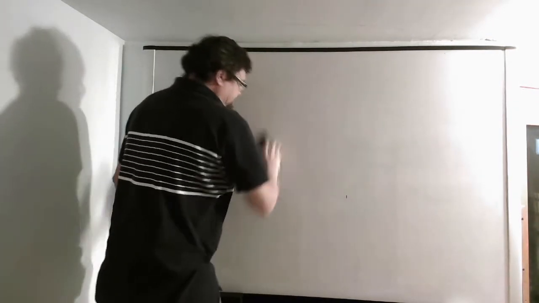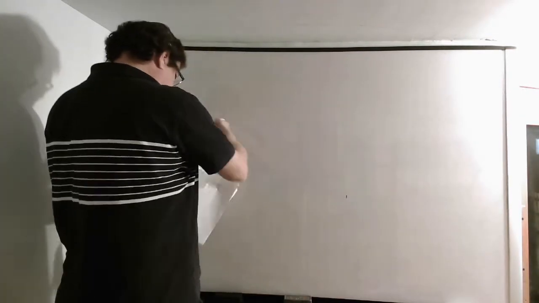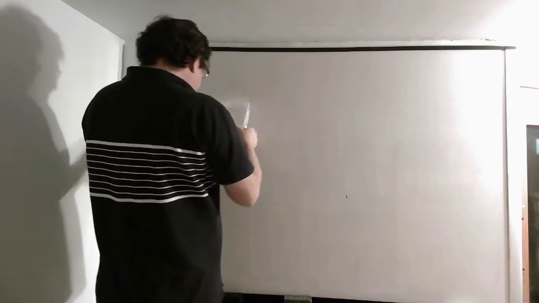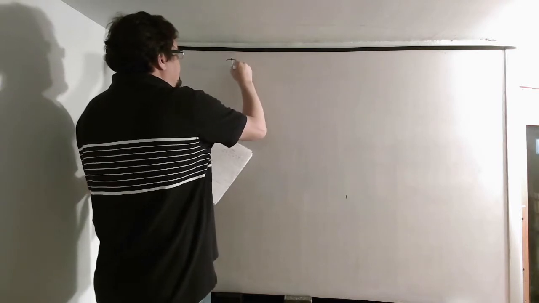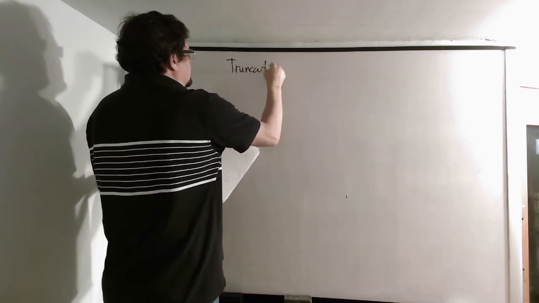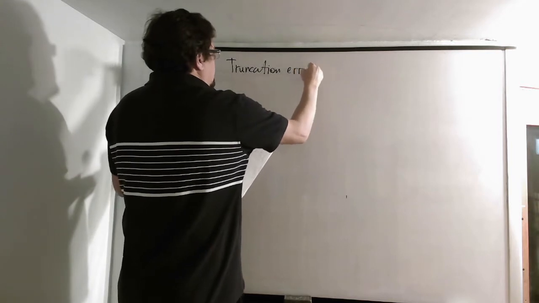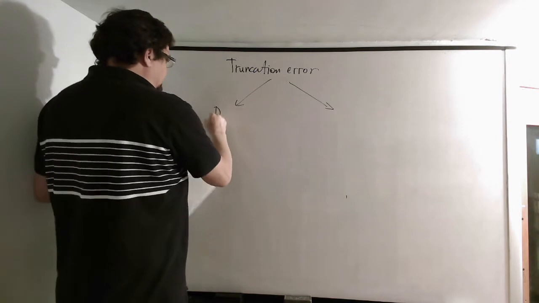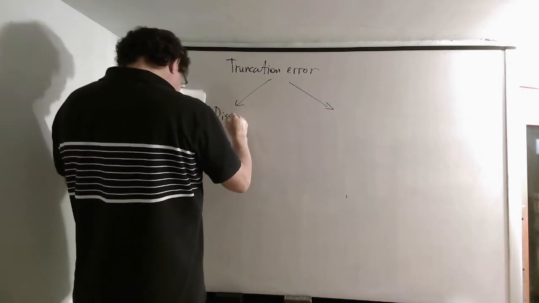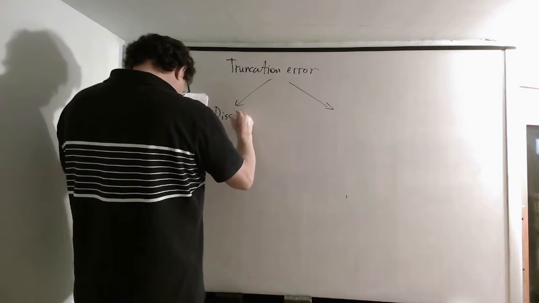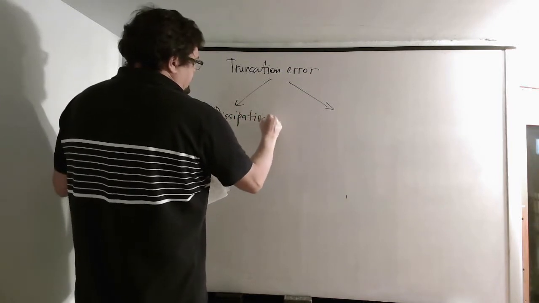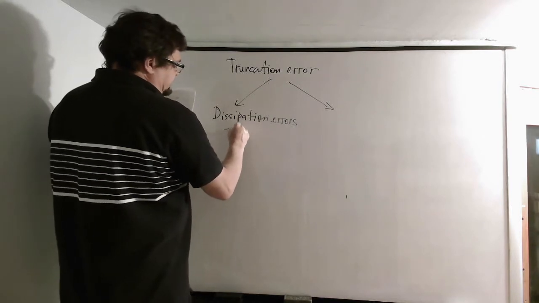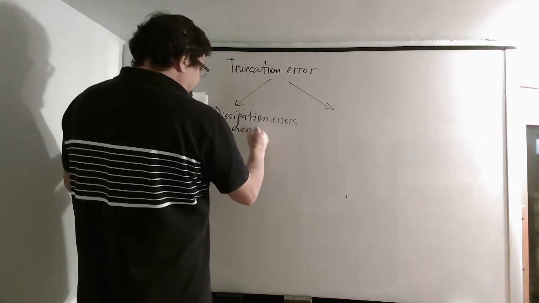Let's summarize it. The truncation error has two parts. There are dissipative errors, and those are caused by even-order derivatives.